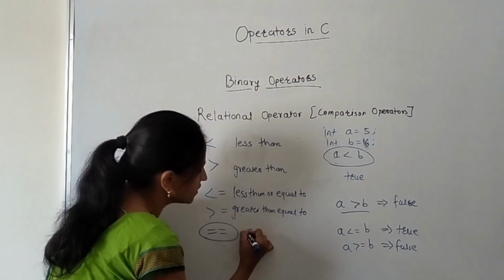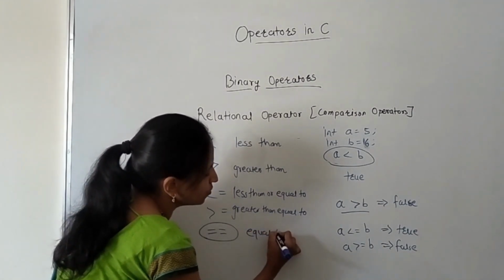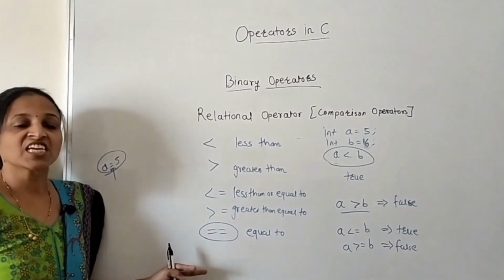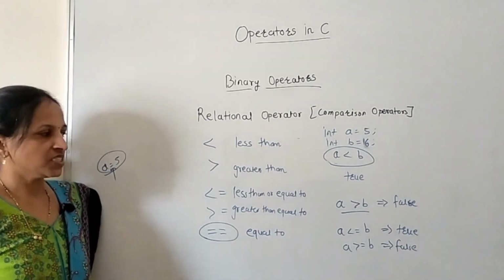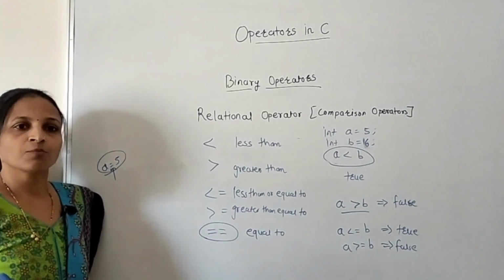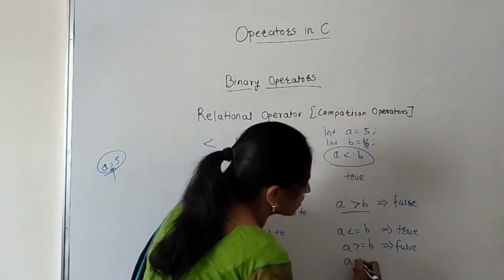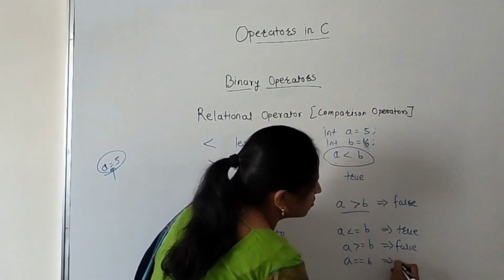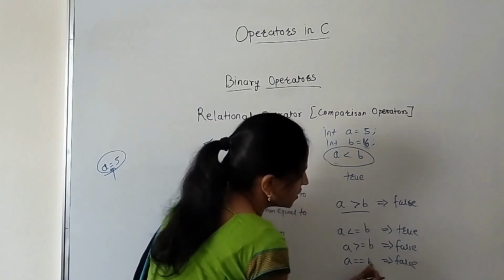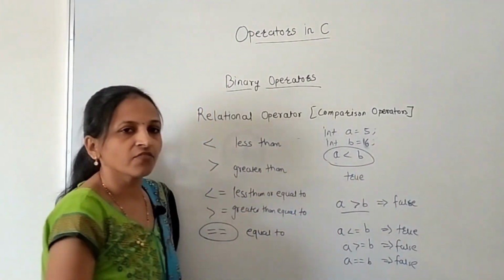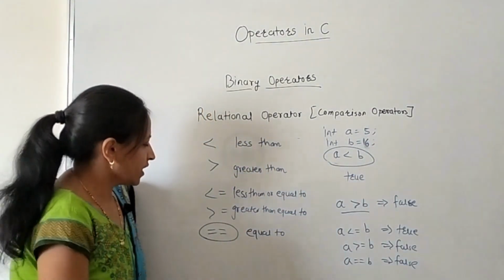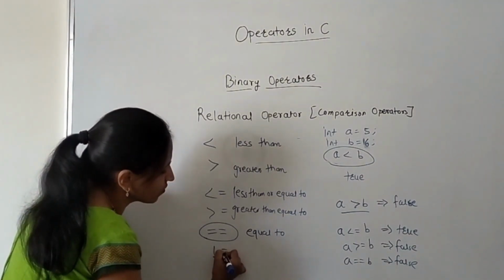This is called the equal to operator. It is used to check equality between two operands, whether both are the same or not. Here a equal to b will return false because these two operands do not have the same value. The next one is not equal to.